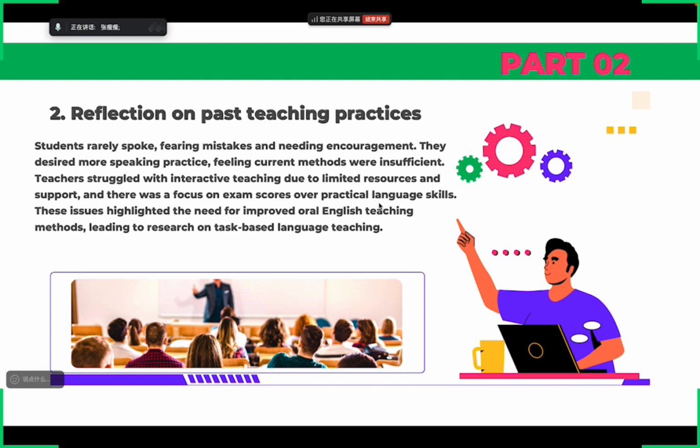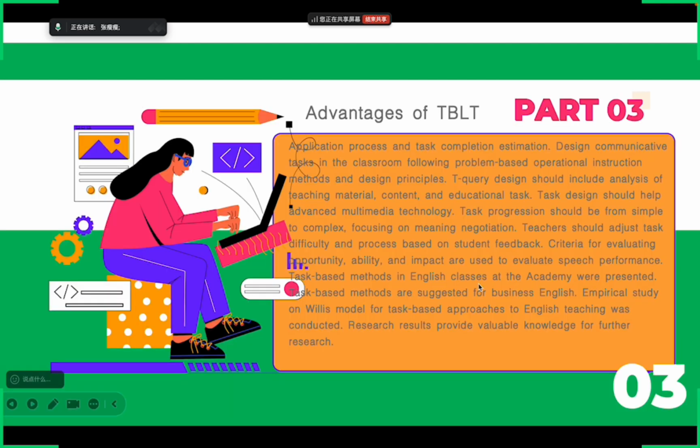Teaching emphasizes exam scores over practical language skills. This issue shows the need to improve oral English teaching methods, leading to research on task-based language teaching.